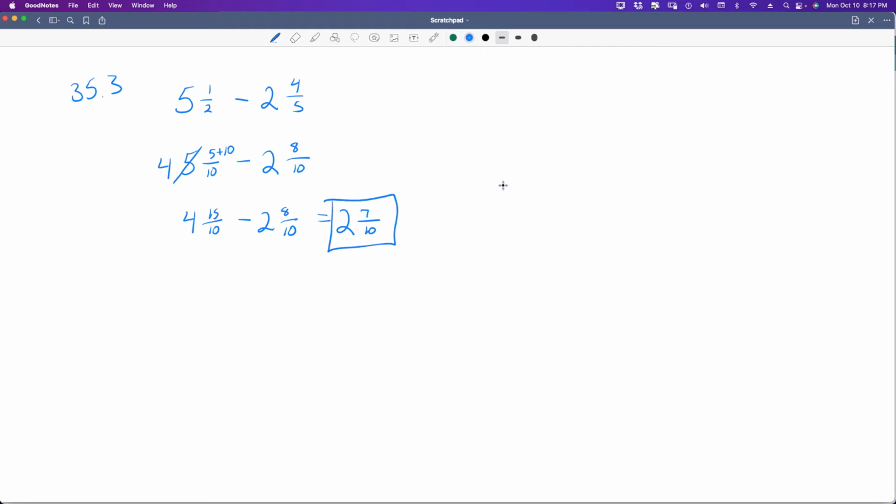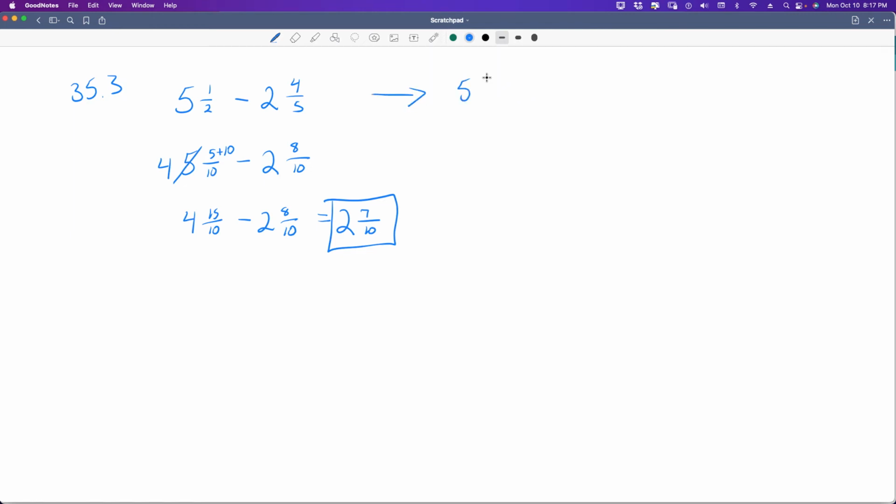If you have any questions at all about subtracting mixed numbers, please let me know. I will say this, there is an alternative to subtracting mixed numbers. Let's take this one for example.